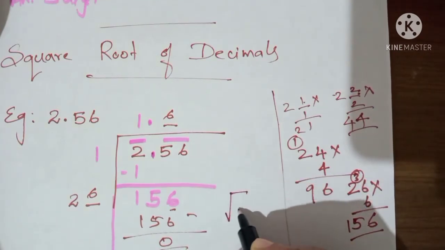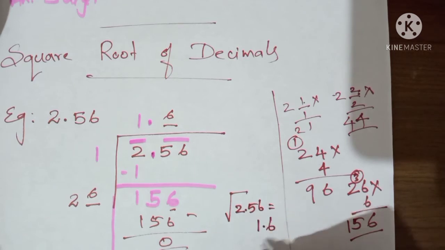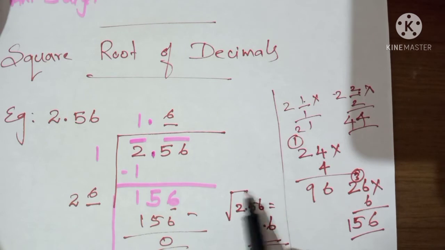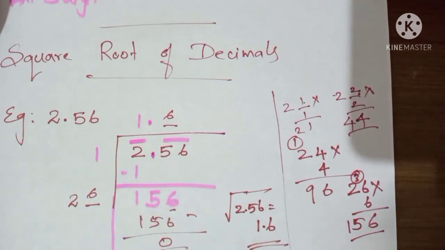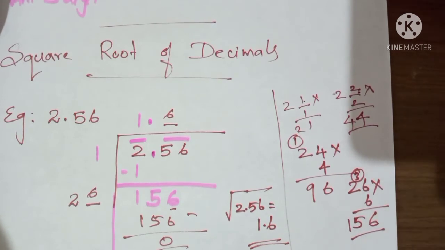So the square root for 2.56 is equal to 1.6. If you want to check it, multiply and see, 1.6 into 1.6, we'll be getting this value. Is it clear, children? One more example problem we will be doing, then it will be clear for you.